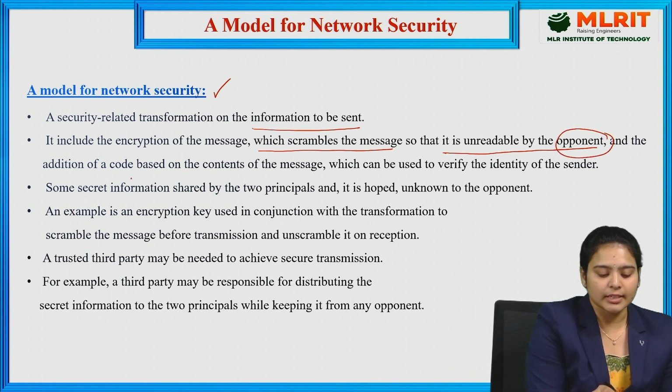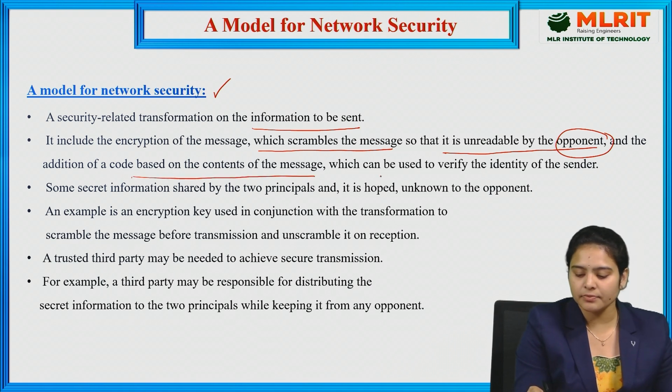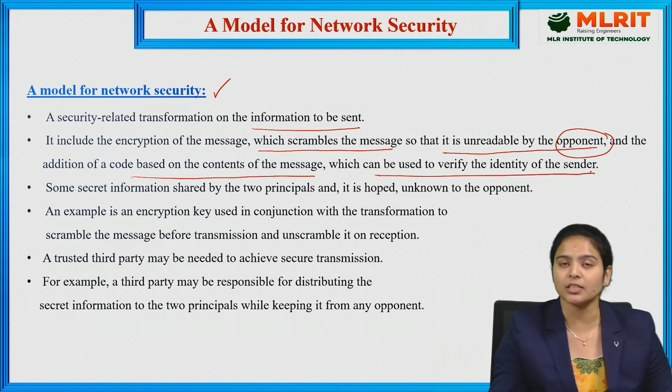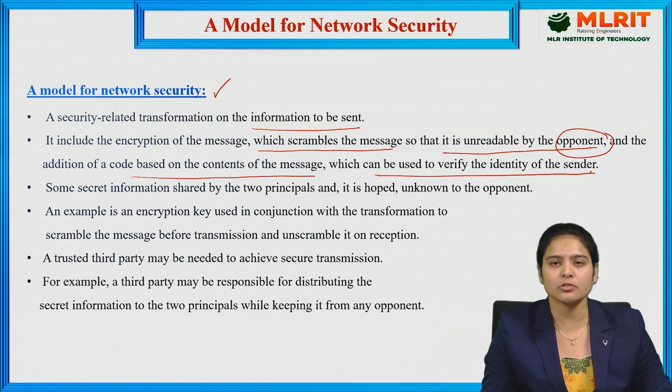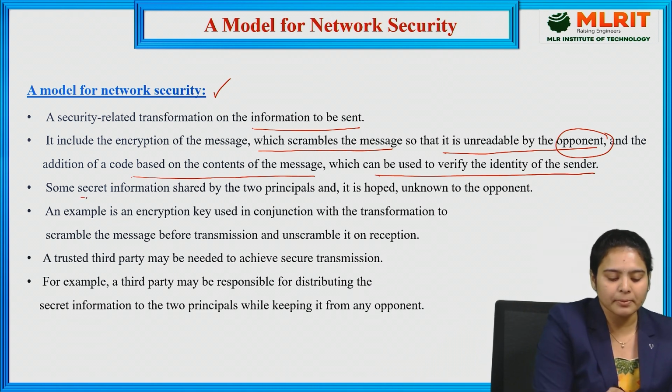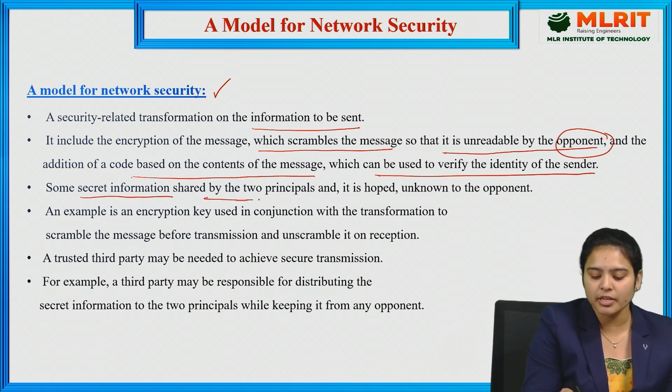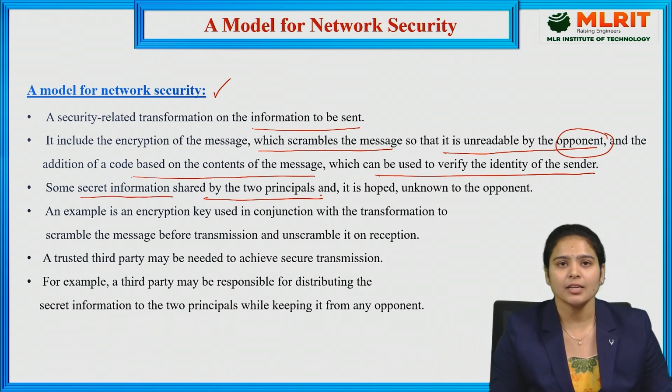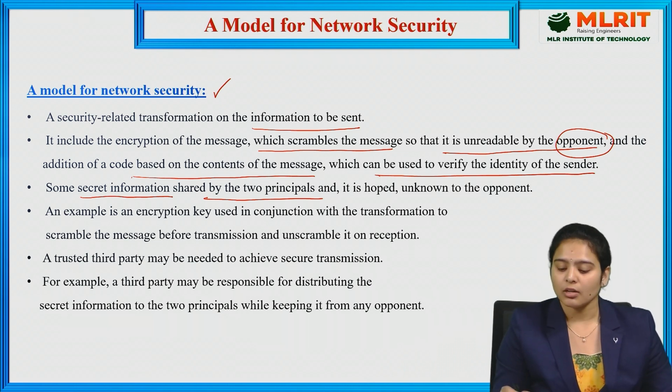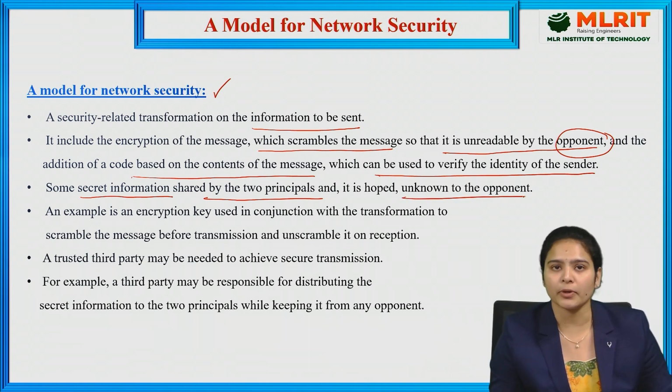Based on the contents of the message, it can be used to verify the identity of the sender. Whatever information is sent is used to verify the identity of the sender. There is some secret information which is shared by the two principals, that is, the sender and the receiver, and it is unknown to the opponent.